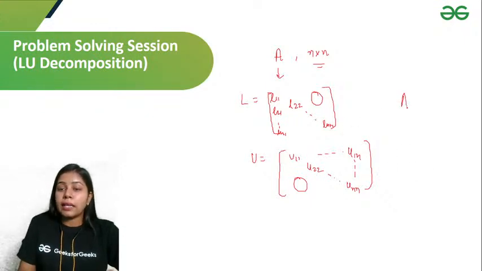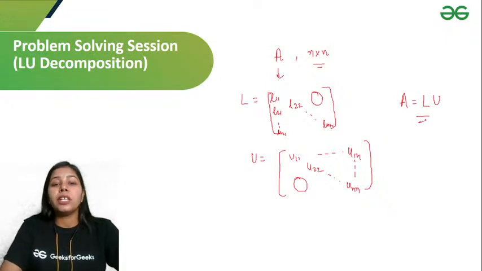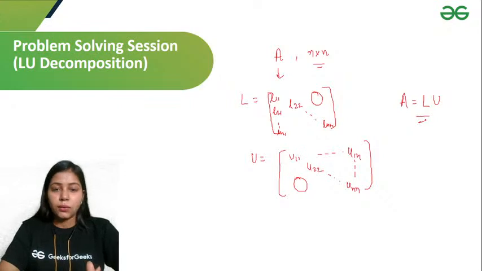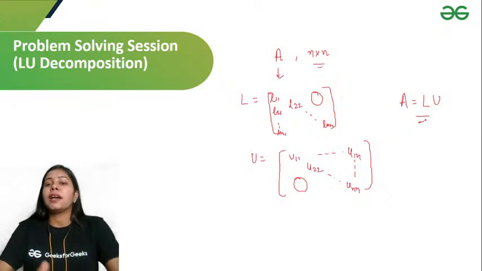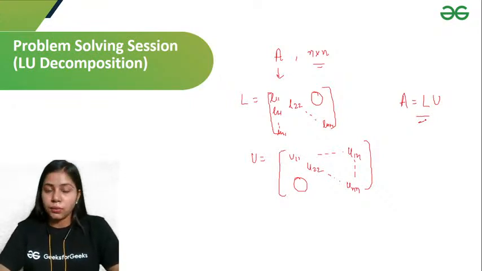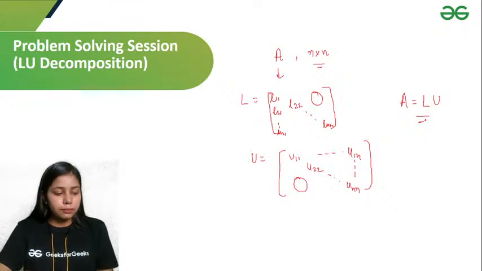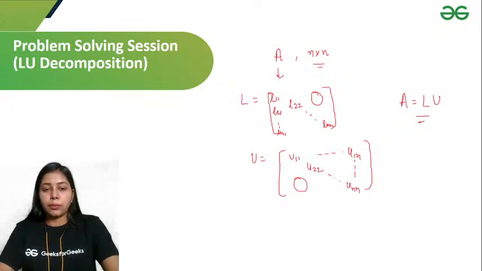So I can write A as L into U. That is LU decomposition: we have broken down our matrix A into a lower triangular matrix and an upper triangular matrix.